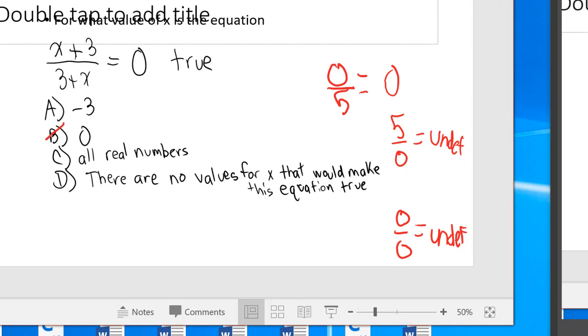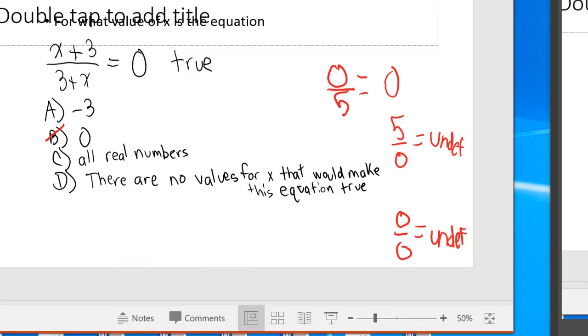So if I can eliminate B, then I can also eliminate C, because 0 is a real number, right? And if I put in 1, for example, 1 plus 3 is 4, 3 plus 1 is 4, 4 over 4 is equal to 1. It looks like pretty much every value I put in, I'm going to get 1 as my answer.